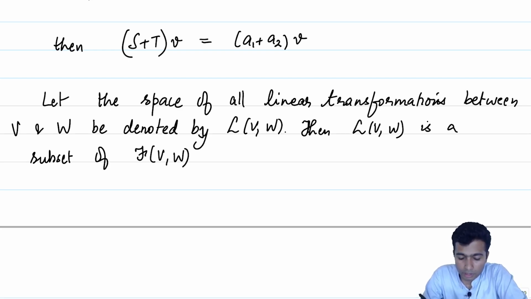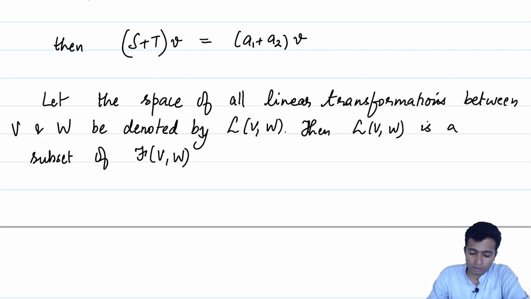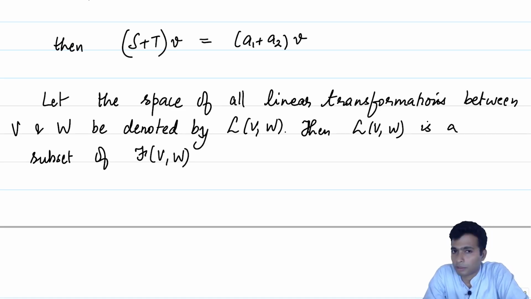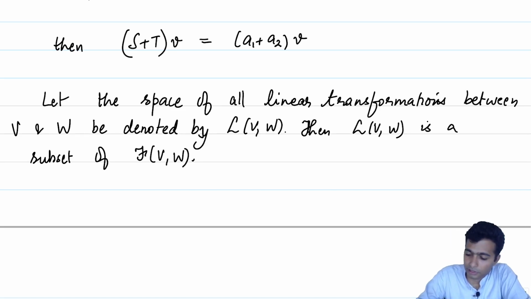Here the addition is defined in the most obvious manner. You take f and g, then f plus g of any vector v is f v plus g v, and a constant times f is defined exactly like how we defined a minute back the scalar multiplication of a scalar and a linear transformation. And we have realized L of V comma W as a subset of this vector space.